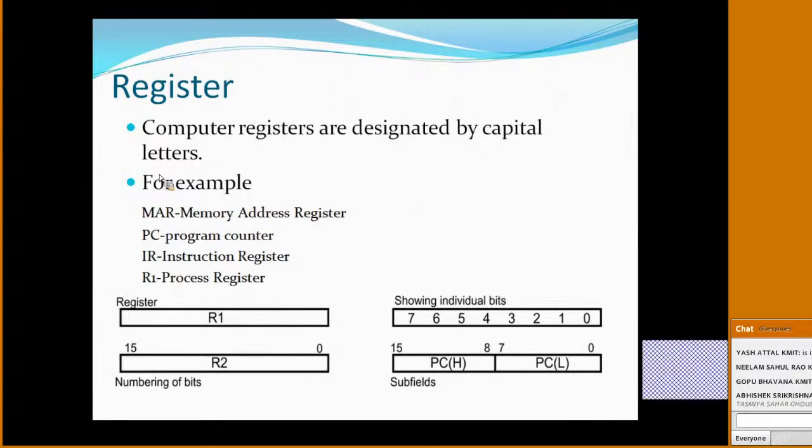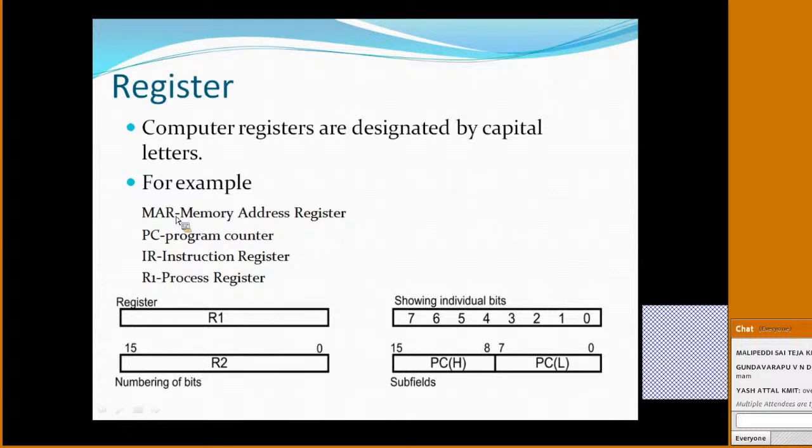Generally, the registers are named with capital letters. For the memory address register we use capital M, capital A, capital R. The capital letters are used to name the registers, okay?